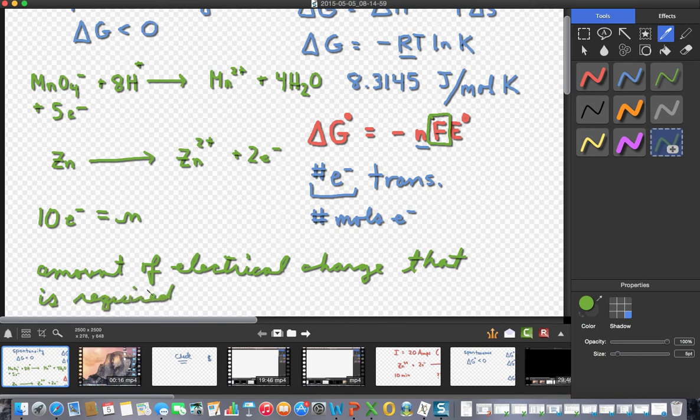Usually this deals with the reduction of a mole of electrons. So electrons would be a reactant, but it could also be applied to where electrons are a product during oxidation.